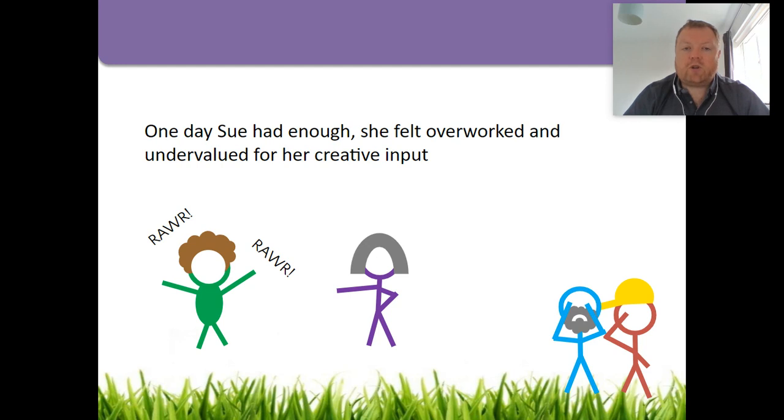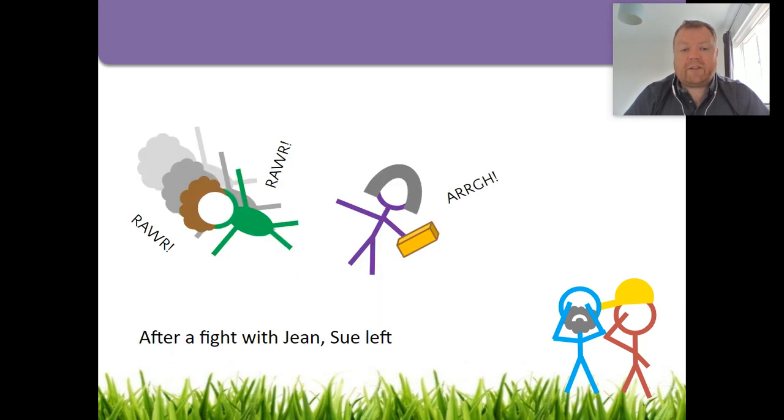One day, Sue had had enough. She was overworked, undervalued, and stressed out of her mind. "Rah!" said Sue in a very unprofessional business way. After a fight with Jean, and we mean an argument, there was no fisticuffs, the brick was not used, Sue left. Bill and Tom were in tears.